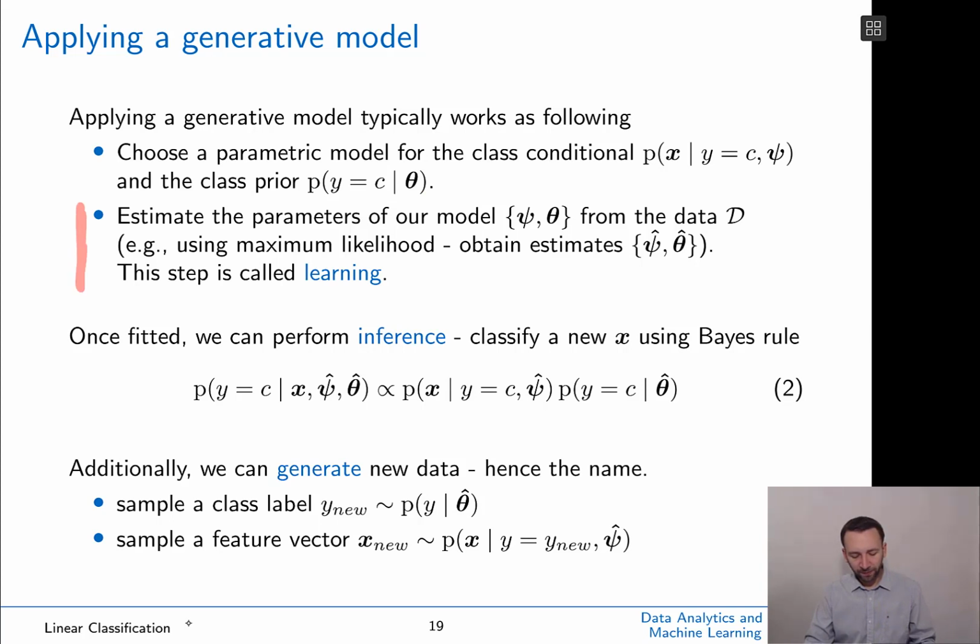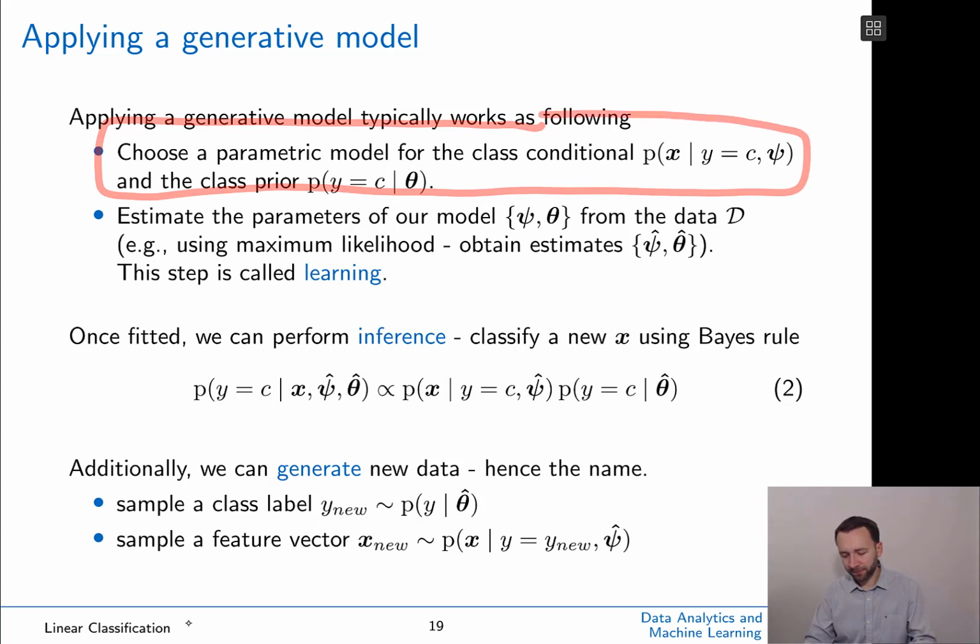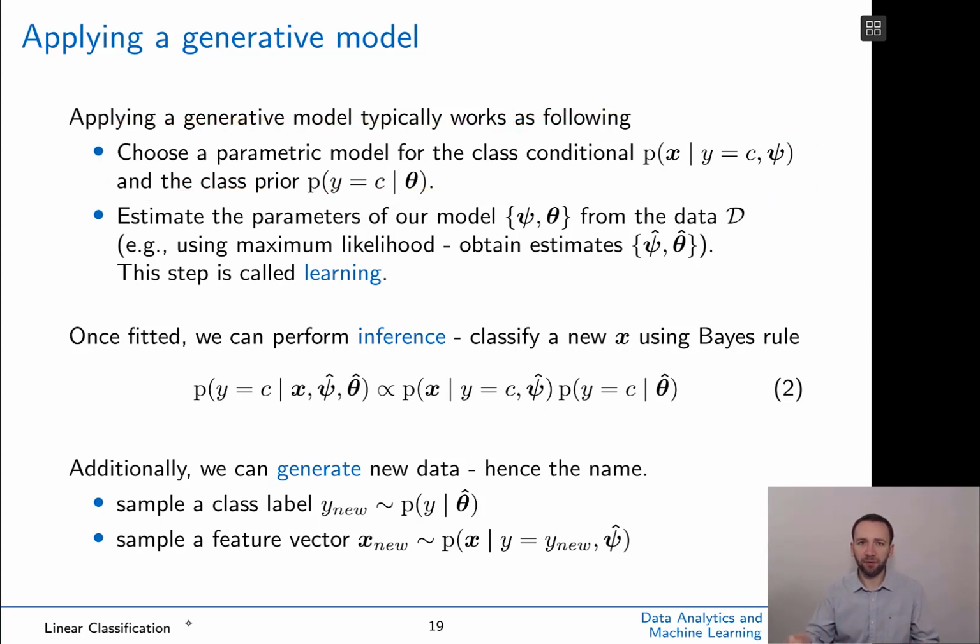And then, of course, what we have to do is we have to learn this, as we have also seen for linear regression already. We picked, so to say, our model. So this is setting up the parametric model. So we have some parameters in these models which we can control. And then comes the learning step, meaning learning these good parameters.